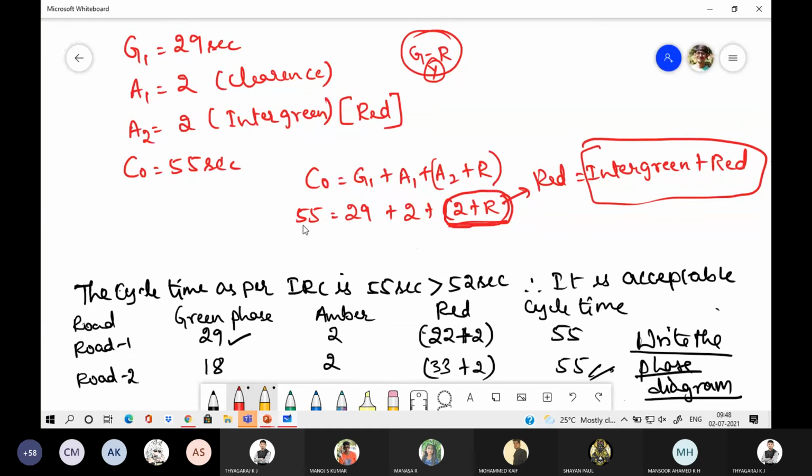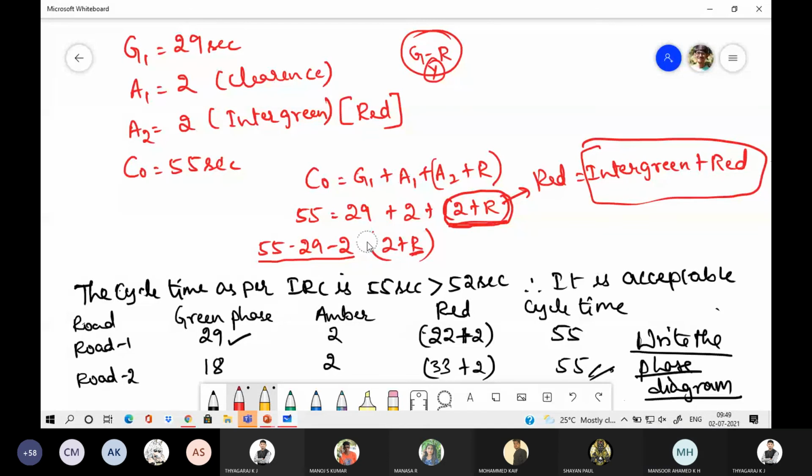Now we know 55 minus 29 minus 2 is equal to 2 plus R. These two will be the same, but we need this R value. Deduct all these values and check whatever value you get. 55 minus 29 minus 2 minus 2.